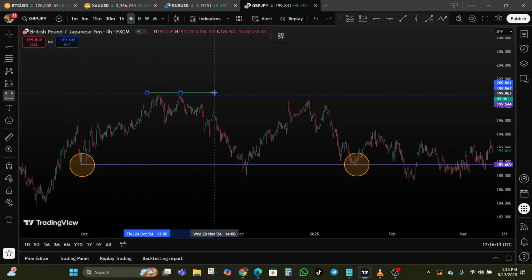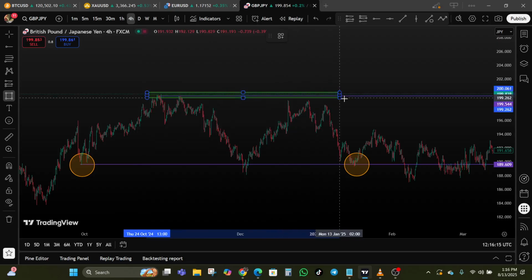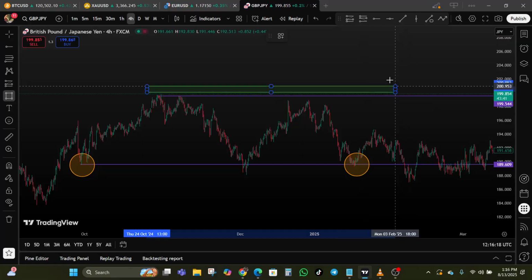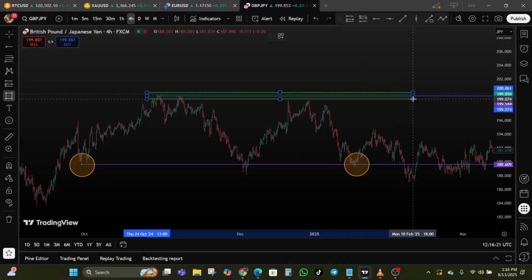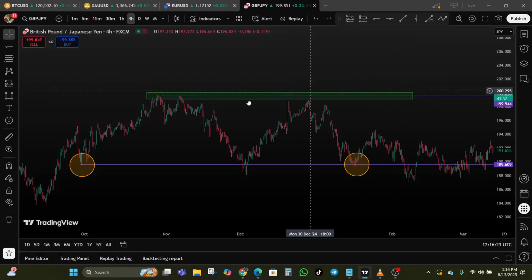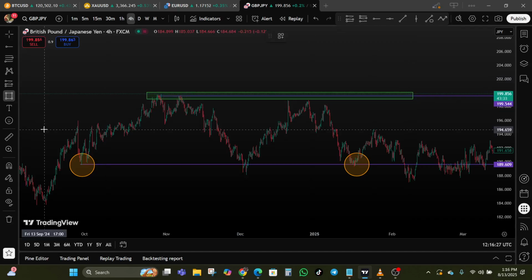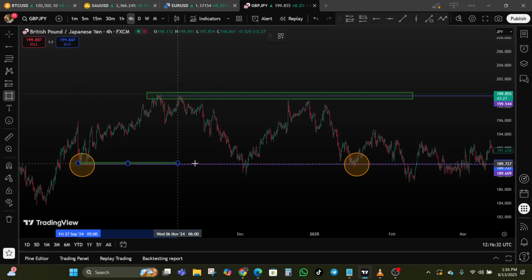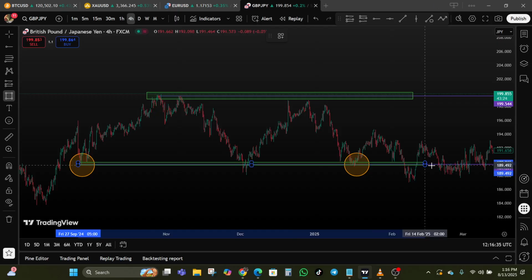You can map out that zone where price has tested at least two times and has gotten rejected. So this is a resistance zone that we have here. And then we have a support zone around here.